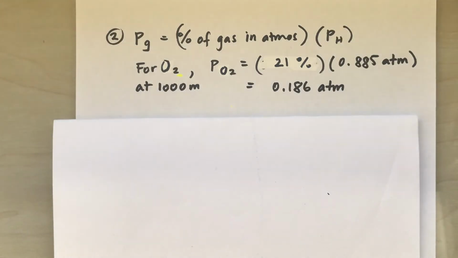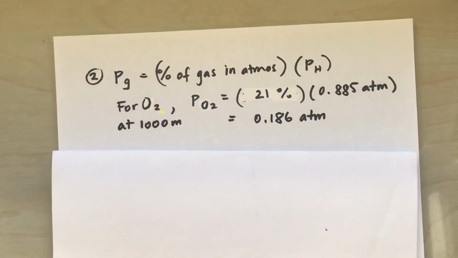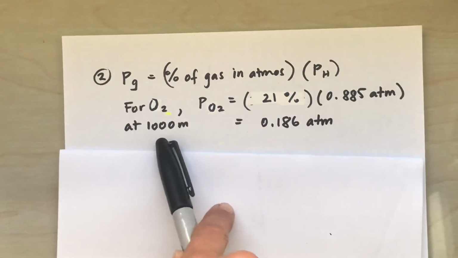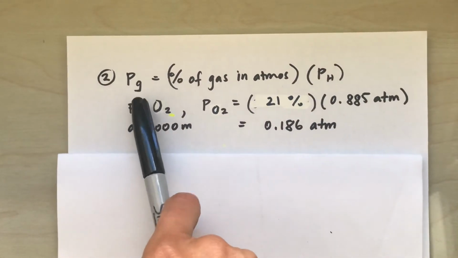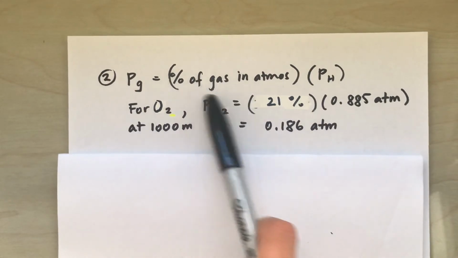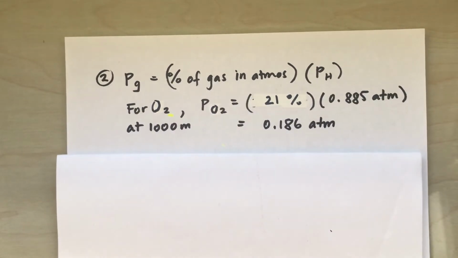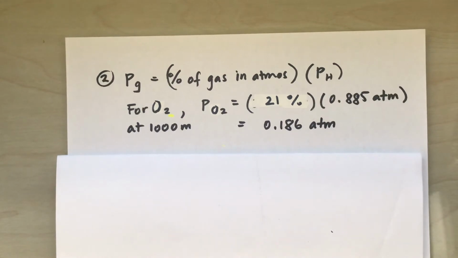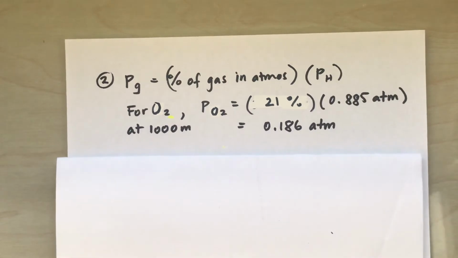Let's look at this problem for oxygen. At 1,000 meters, the pressure of oxygen equals the percent of that gas in the atmosphere, the concentration of the gas in the atmosphere, times the pressure at that particular elevation.